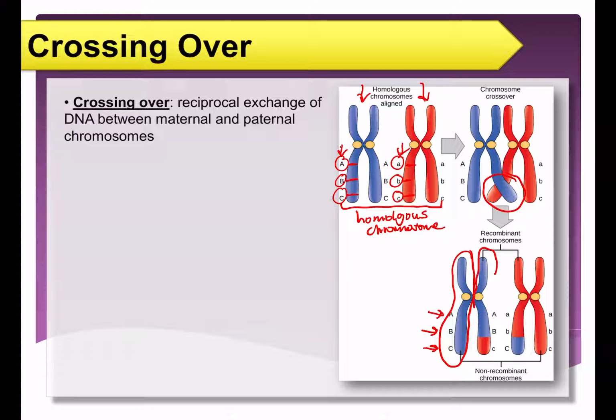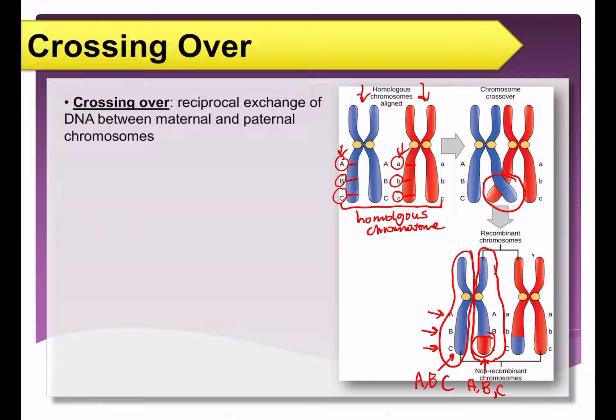This chromosome now is different from this one, okay? Because it has swapped a section of DNA with the red chromosome. So now you end up with big A, big B, and little c gene for this particular chromosome. This particular chromosome, again, big A, big B, big C, okay?